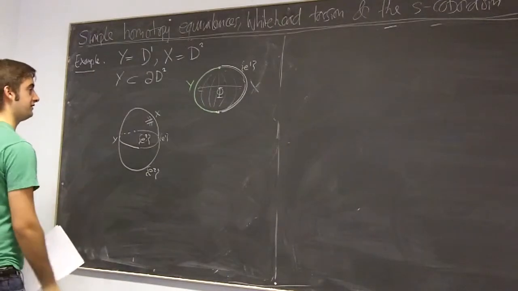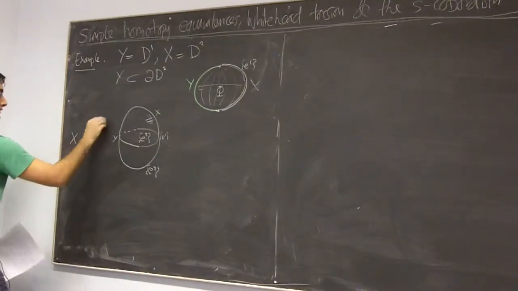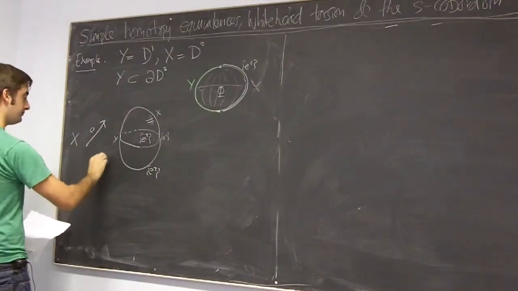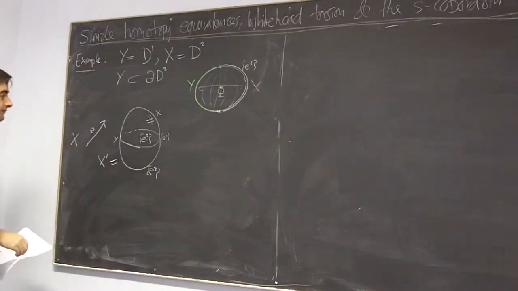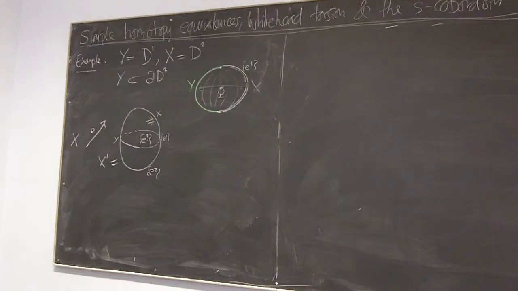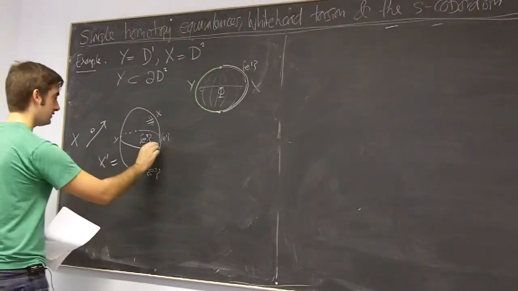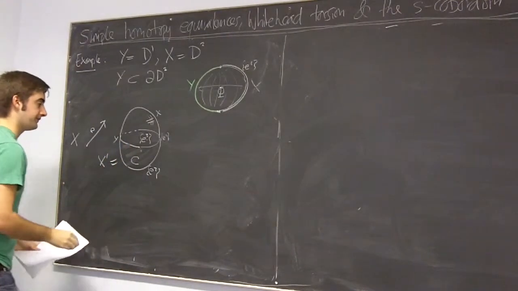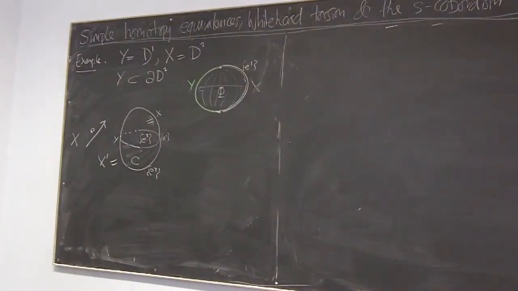So this is an elementary expansion, and this is X prime. Now C is this lower hemisphere, and we wish to collapse that.